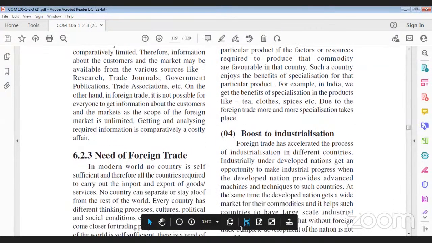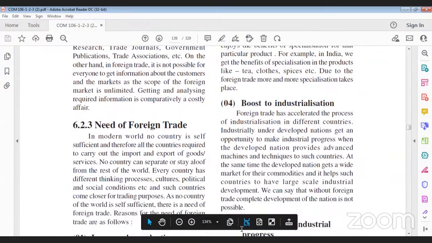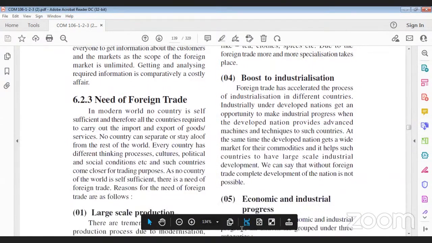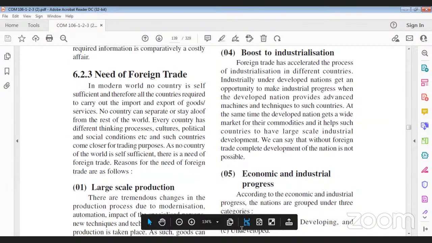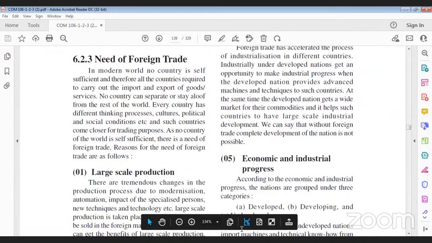So this is also one of the needs for foreign trade. The fifth point is economic and industrial progress. According to economic and industrial progress, there are three groups: developed, developing and underdeveloped countries.